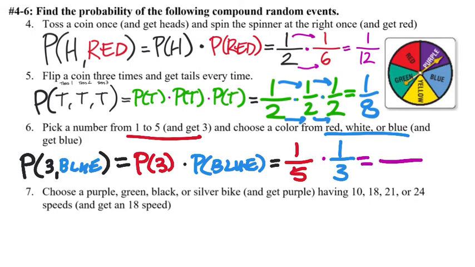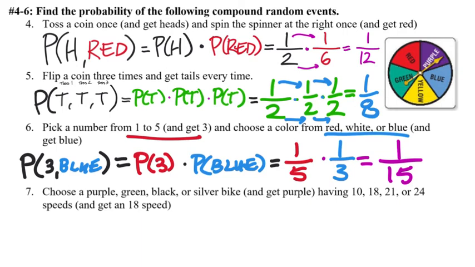In the numerator, I have 1 times 1, which is 1. In the denominator, 5 times 3 is 15. So it's 1/15th chance in this particular case. And you have to remember, this is not a dice. It's not saying it's a dice. It's just choosing the numbers 1 through 5. And even the colors, we're not using the spinner for the colors on this. It's just these 3 colors that it gave us.